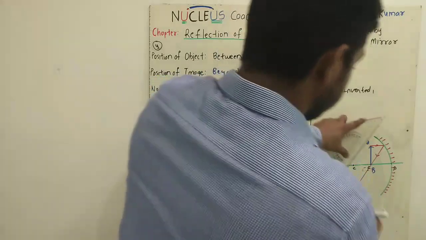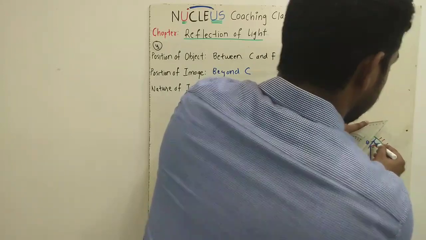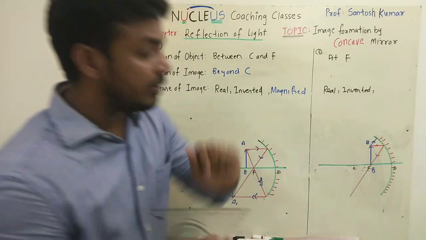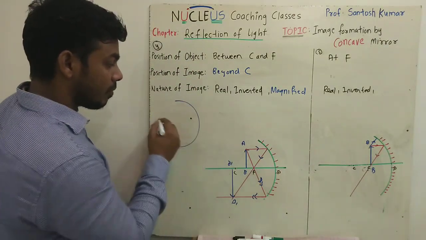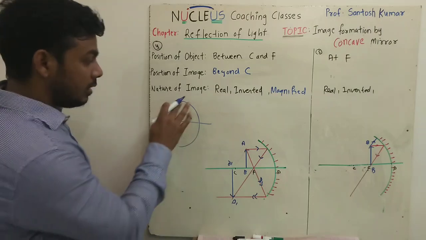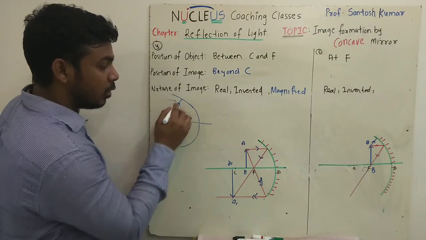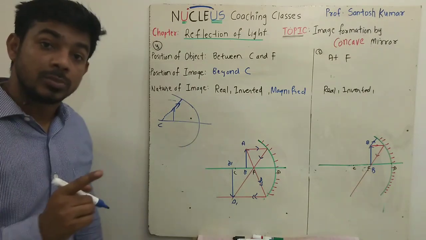If I consider a ray through C, a ray coming from the object, this ray comes from the object and will get reflected from the mirror. See here, the ray coming from the object will be incident on the mirror in such a way that it seems to be coming from C.